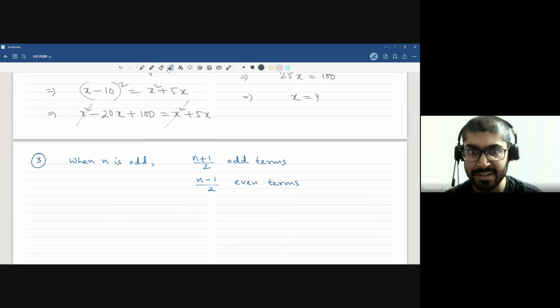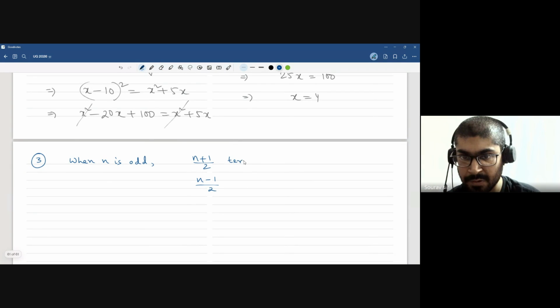Let us not write this like this. Terms from 1 square plus 3 square plus dot dot dot, and terms from 2 into 2 square plus 2 into 4 square and so on, right?